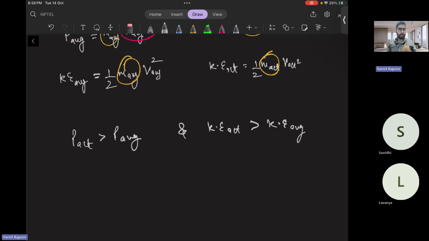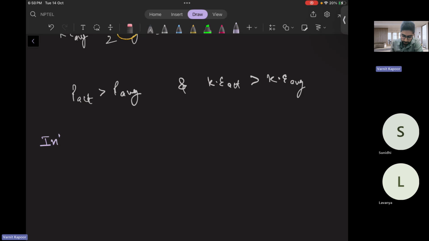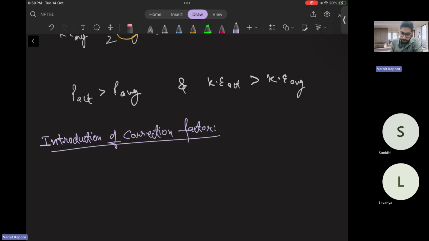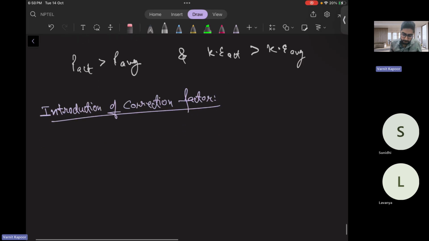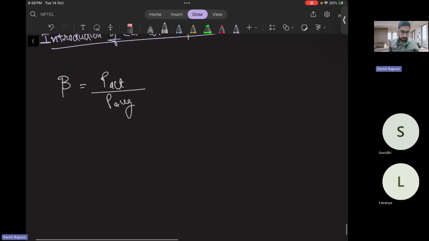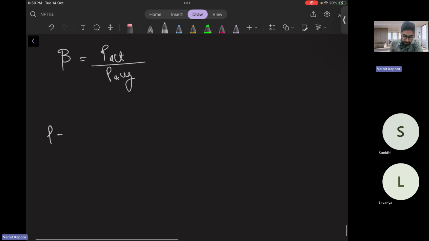So I need the introduction of a correction factor. The momentum correction factor, defined by beta, is nothing but momentum transfer actual to that of momentum transfer average. What is momentum transfer? P is nothing but mass flow rate into velocity. What is mass flow rate?